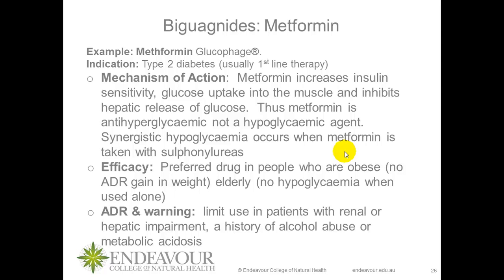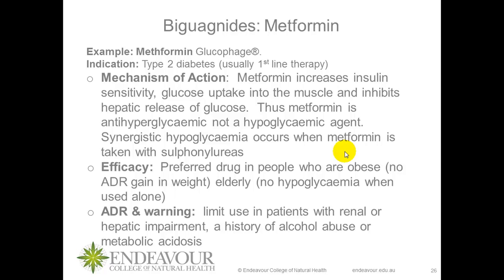So then we'll look at metformin as the prototype of the biguanide oral hypoglycemics. Metformin is sold under the brand name Glucophage. It's indicated in type 2 diabetes, where it's usually the first-line therapy, and some of the other sulfonylureas or glitazones might only be used if the person was not responsive to metformin.